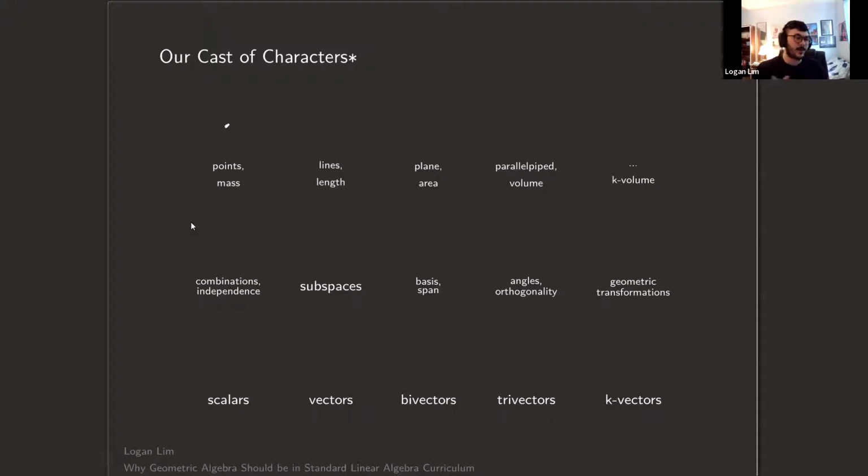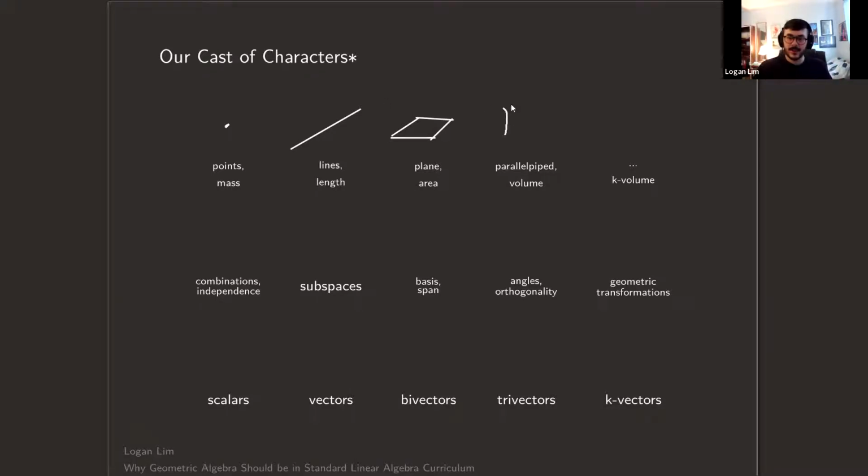For example, if you're looking at a probability space, you have the mass of a point in a discrete or countable probability space. We also have lines, which have length when they're finite. Things like planes also have a finite area when we're not talking about the infinite plane.